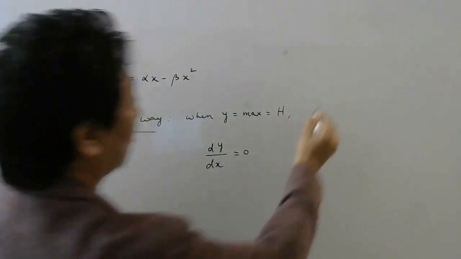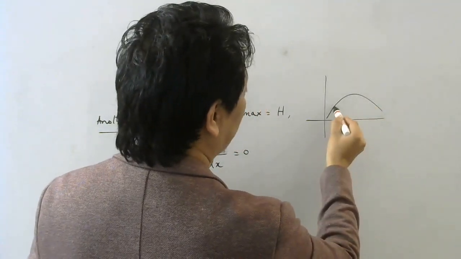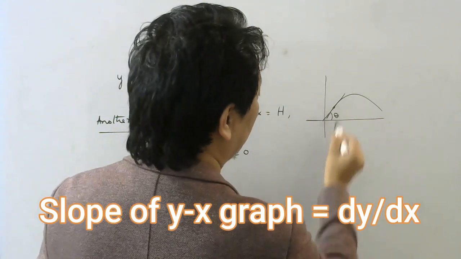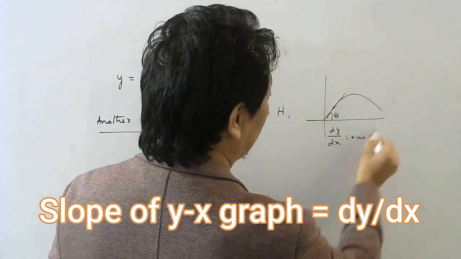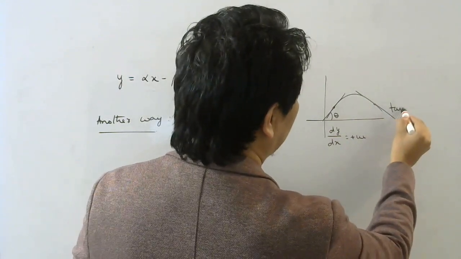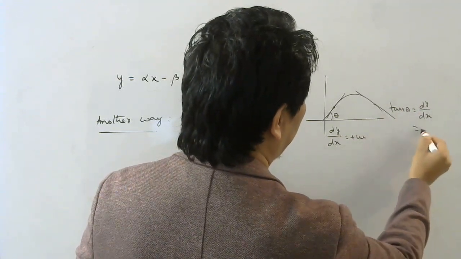So if your graph looks like this, then at this point if you draw a tangent, it makes an acute angle. So here your slope dy by dx is positive. Here if you draw a tangent, your slope was tan theta, which is dy by dx, is negative.